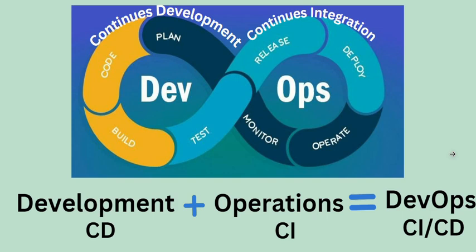Then we go for the coding, where we convert our plan to the code or to the program or to the services. Then it goes for build, which is nothing but the compilation, the debugging process or the error correction. These are the things which we are going to do in the build stage.